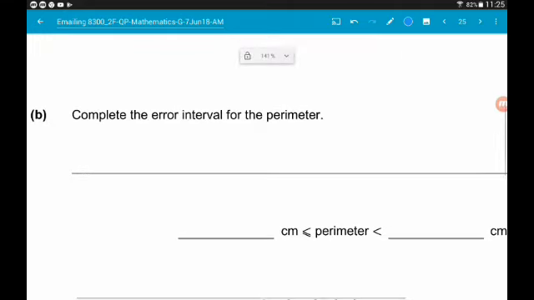And then part B wants us to complete the error interval for the perimeter. So we know two things about this shape. It's regular, so all the side lengths are the same, and it's a pentagon, so a pentagon has 5 sides.